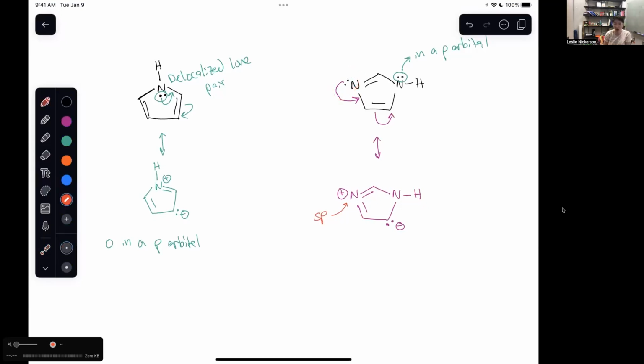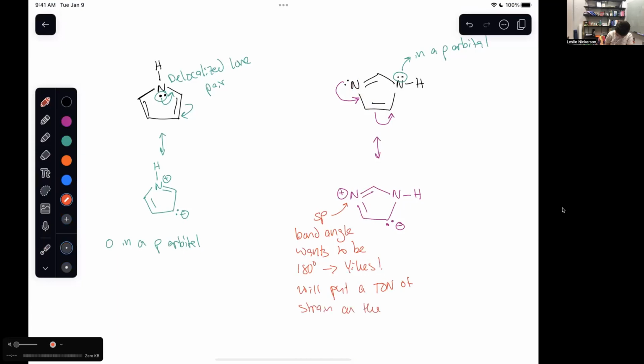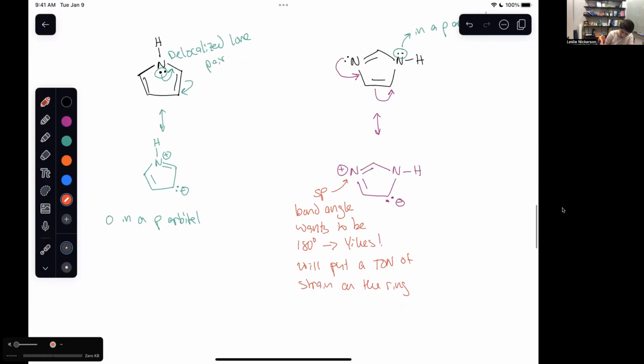However, an sp hybridized atom needs to have a bond angle of about 180 degrees, right? That's going to be really, really hard to fit in this little ring, okay? So this is a big old yikes if we're trying to do this in a ring. Okay, so this resonance structure is not reasonable.